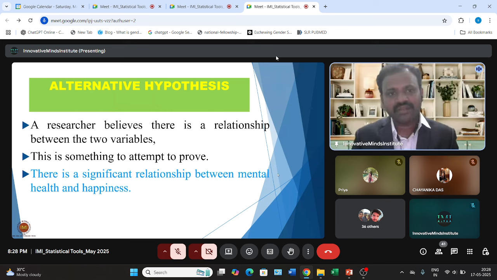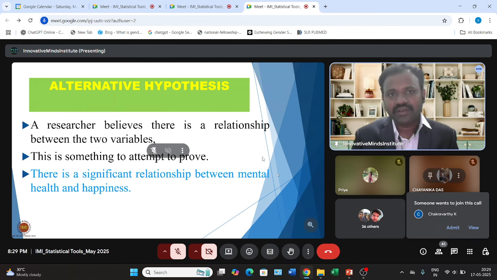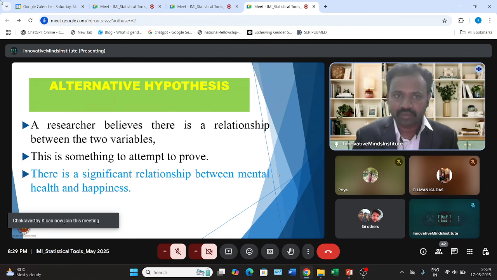So you should have the directional or alternative hypothesis, which will give you the exact relationship between the variables. So there is a significant relationship between mental health and happiness. So in your study, I suggest, and experts suggest, that you go ahead with the alternative hypothesis.